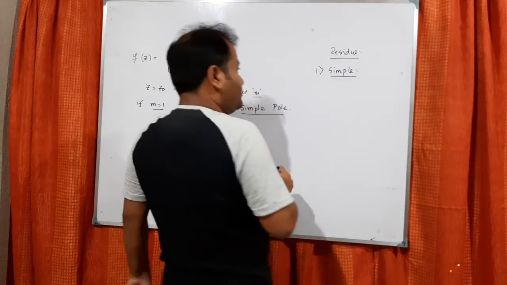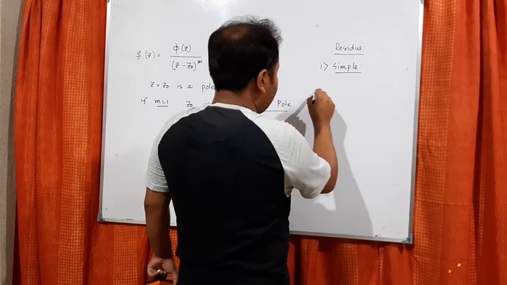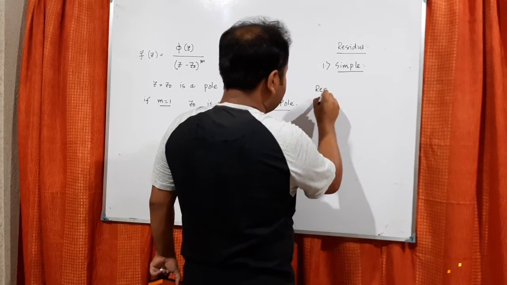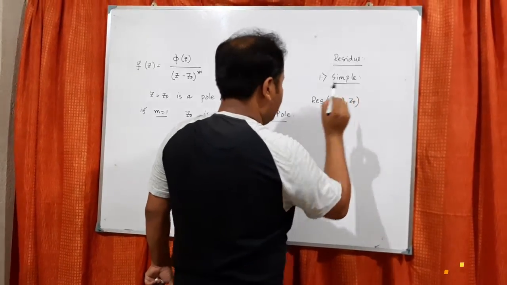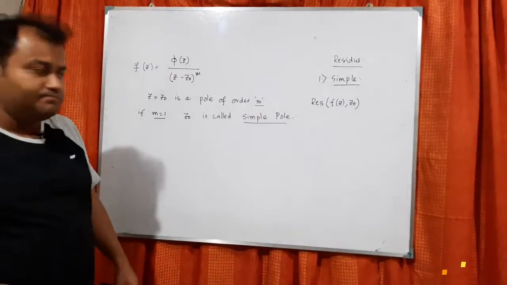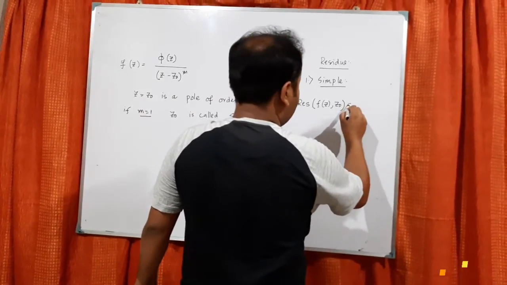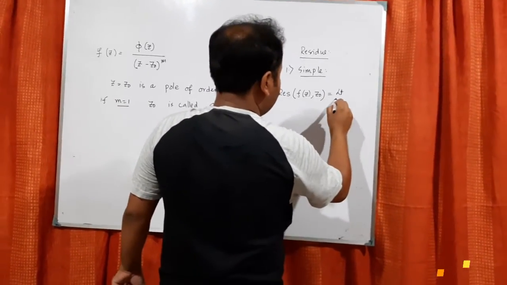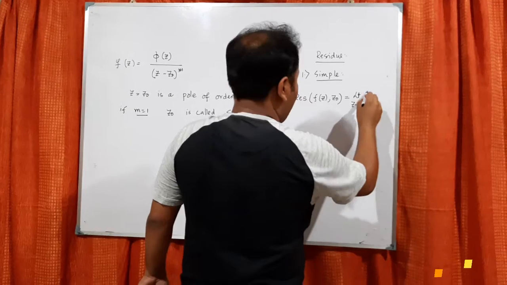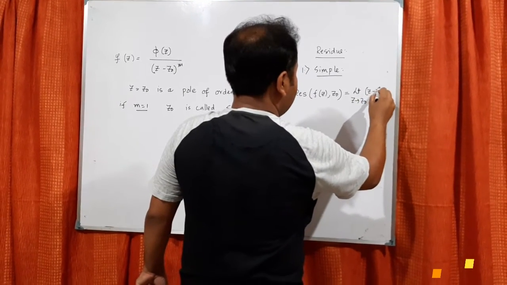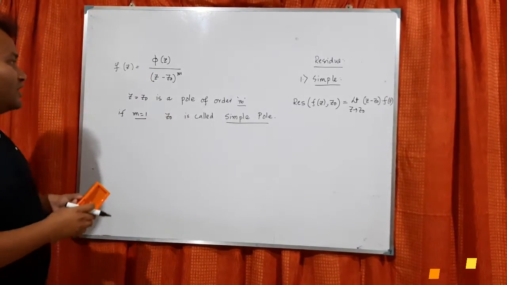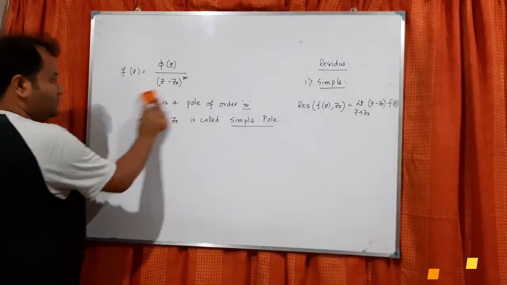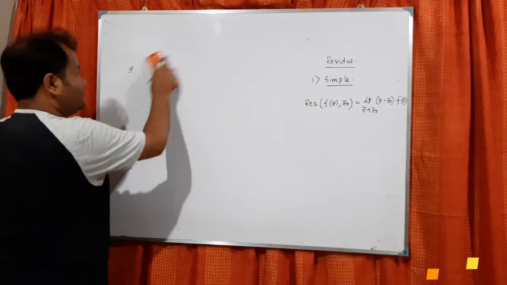If z naught is a simple pole, that is order 1, then the residue, denoted like this, residue of f(z) at the point z naught, equals limit z tends to z naught of (z minus z naught) times f(z). This is the formula for the residue at a simple pole.